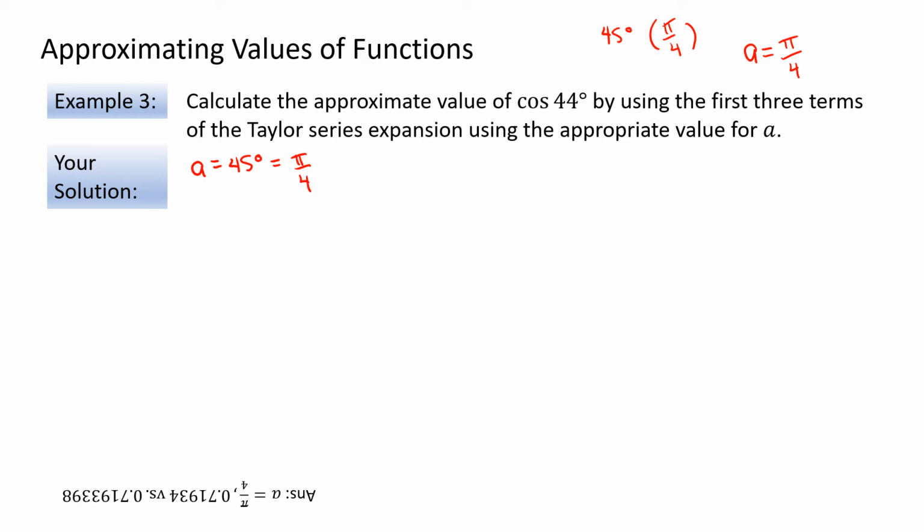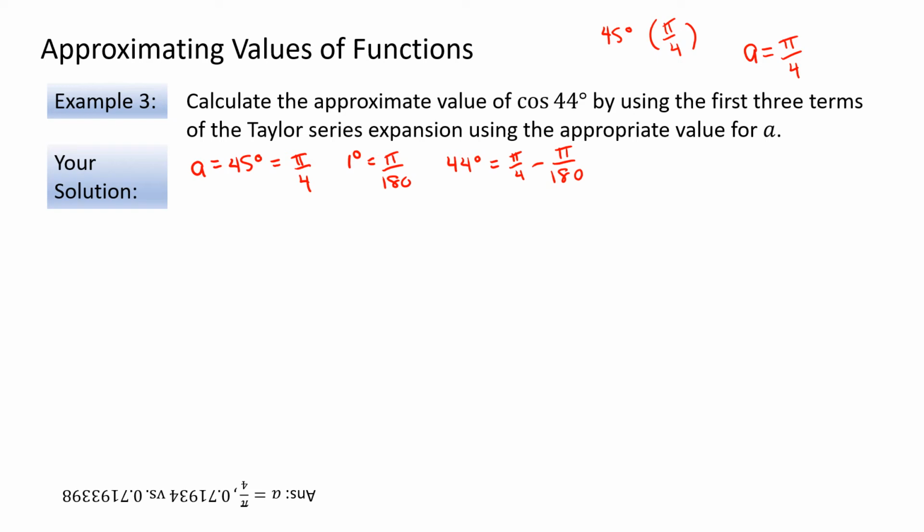We know that 1 degree is equal to pi by 180. So we know that 44 degrees must be equal to pi by 4 minus 1 degree, which is minus pi by 180. So that will come into play later on. I'm just doing that kind of legwork now.